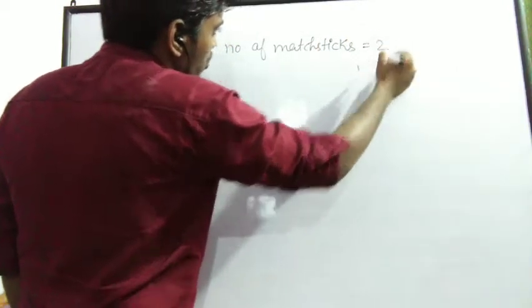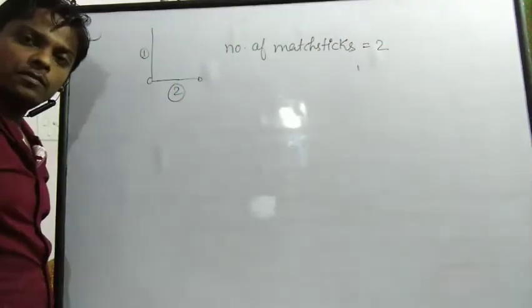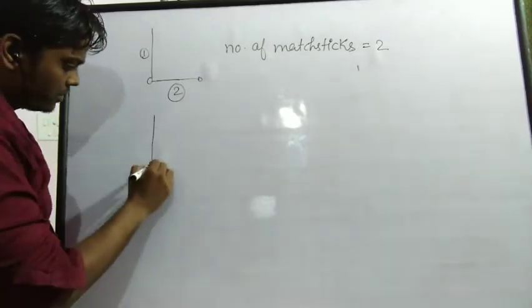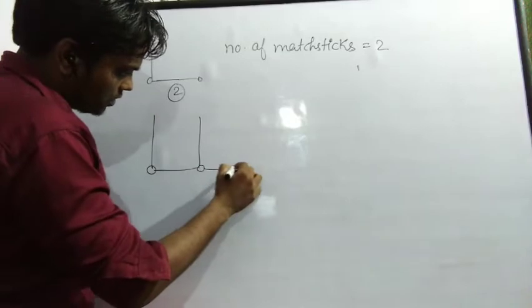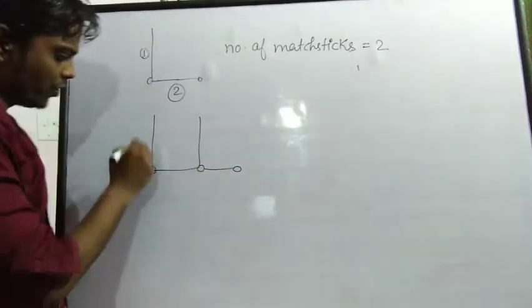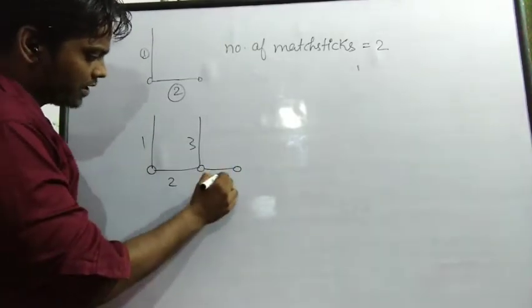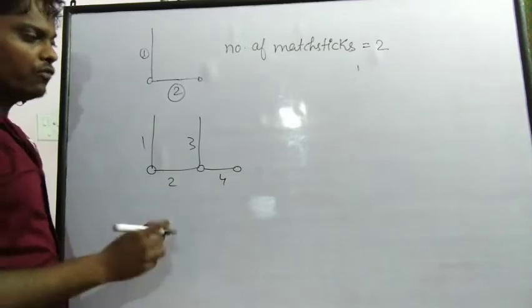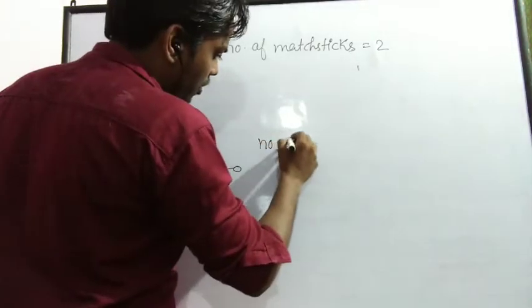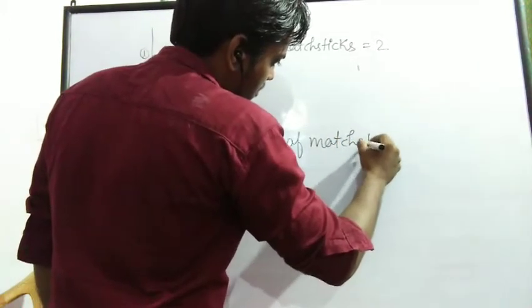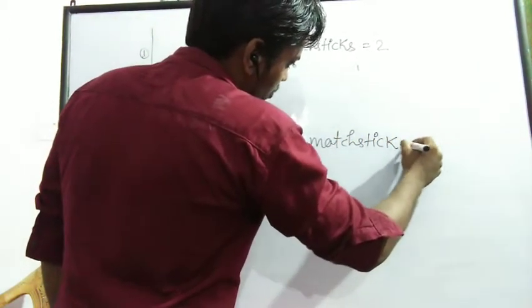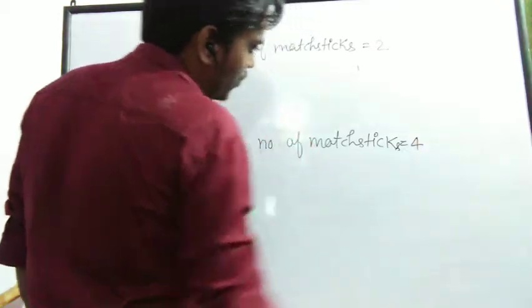If we want to form 2 L's, then 1, 2, 3 and 4. We require 4 matchsticks. The number of matchsticks is equal to 4.